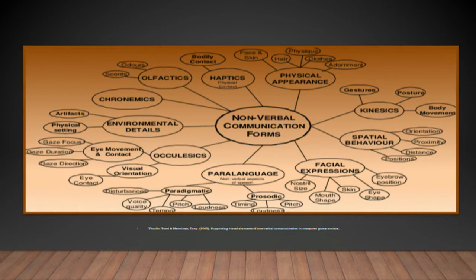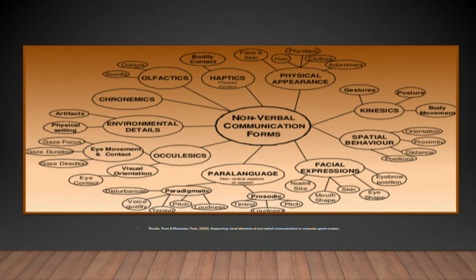Moving towards the second point there in the clockwise direction, that is kinesics. Kinesics is a technical word for gestures, your posture, your body movement. That is known as kinesics. Moving to the third point is your spatial behavior.